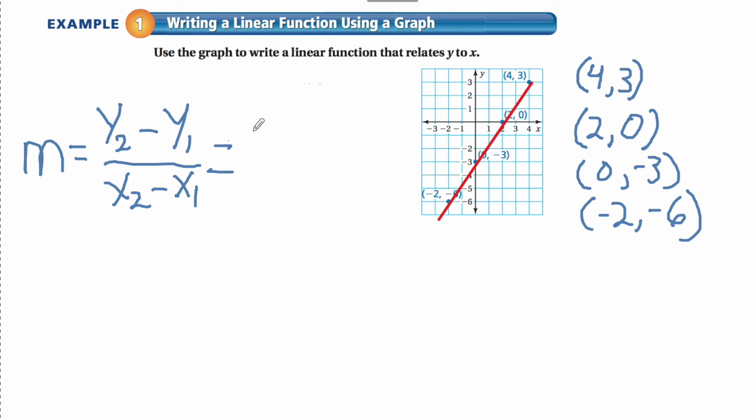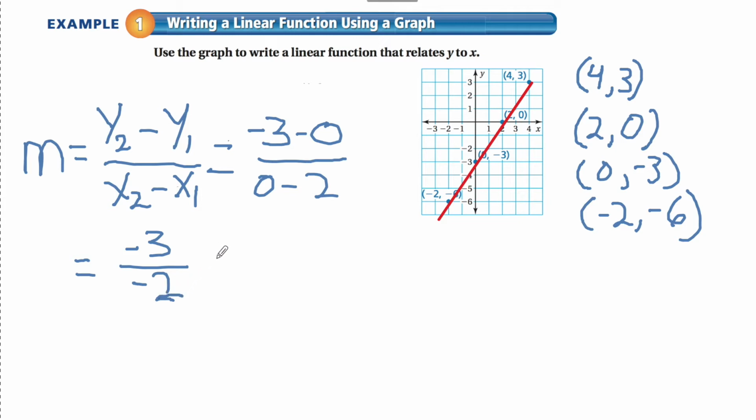So we'll do -3 minus 0 all over 0 minus 2. -3 minus 0 is -3, and 0 minus 2 is -2. We know a negative divided by a negative is a positive, so this turns into 3 over 2, or 1.5. So now we have our slope.